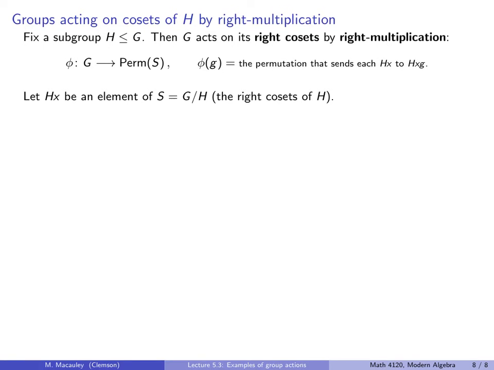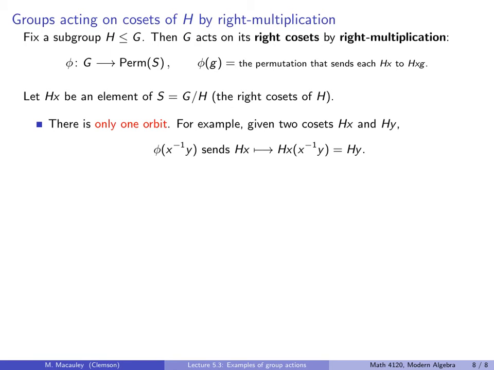Next, let's take an arbitrary element of S. So that's going to have the form h times x. And here by G mod h, I'm going to let this denote the right cosets of H. And so that is our set S throughout. First of all, there is only one orbit, always.